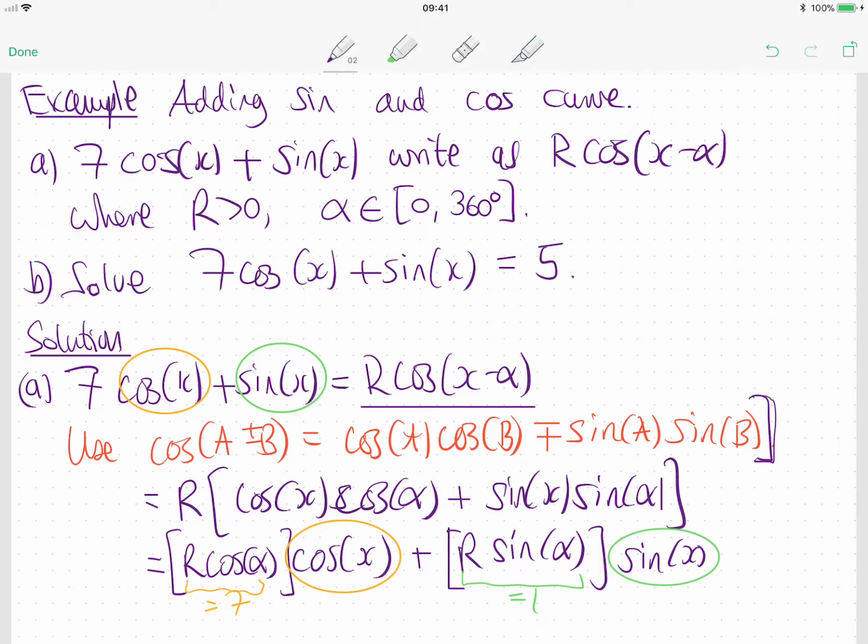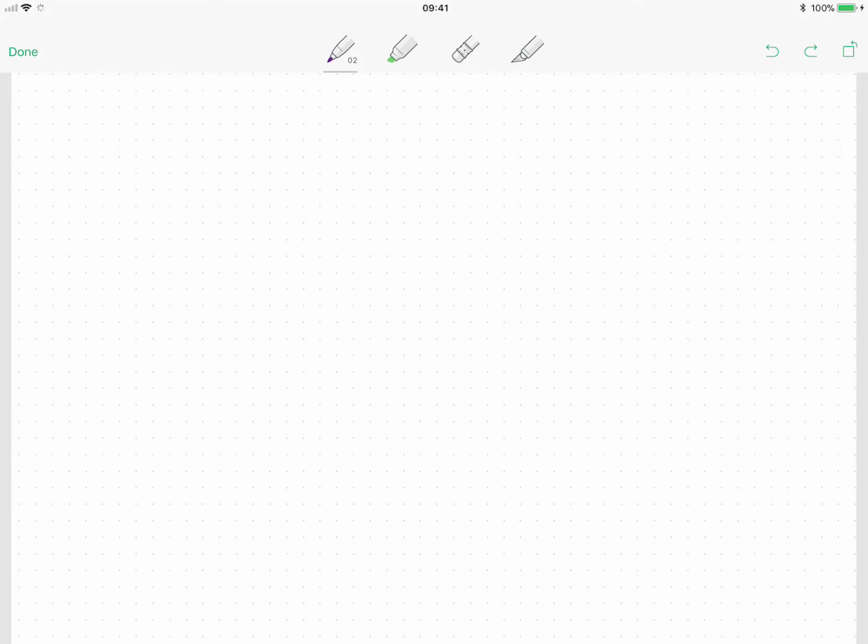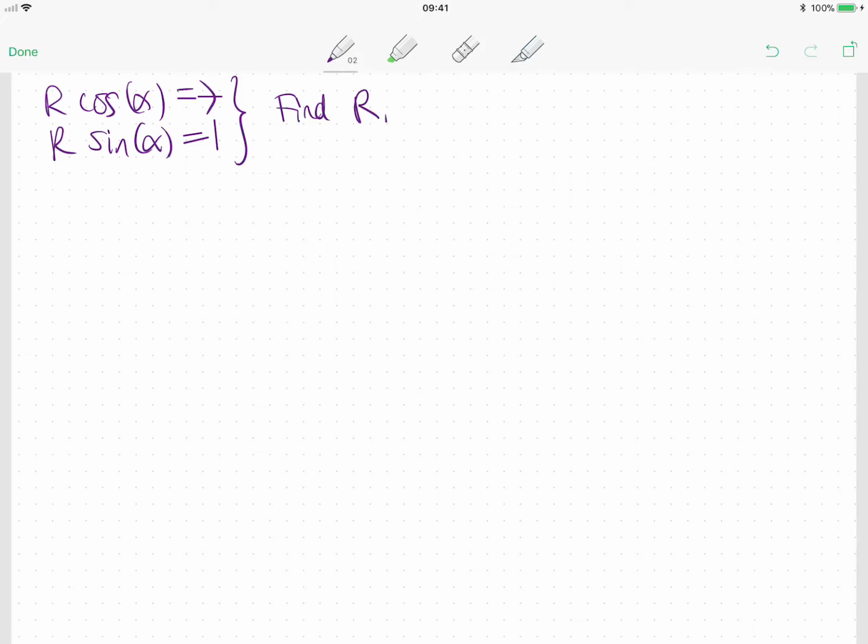Okay, so let's go to a clean page and continue with the problem. So far we know the following relationship between r and alpha. We know this system, and our job is to find the values of r and alpha.